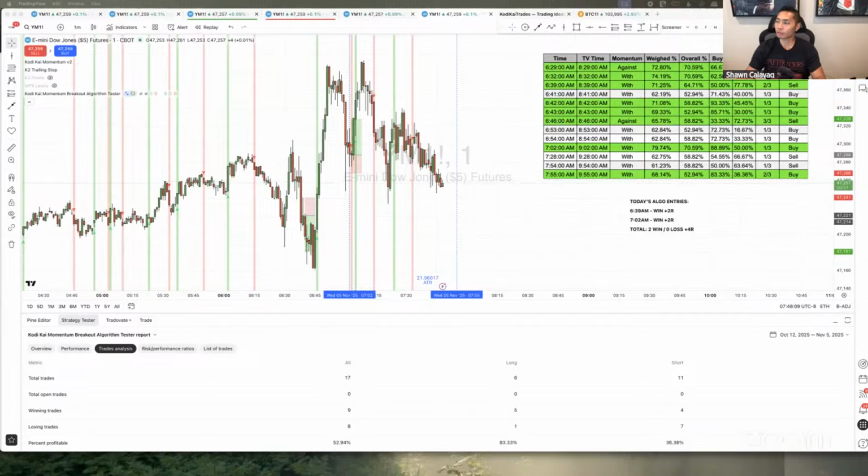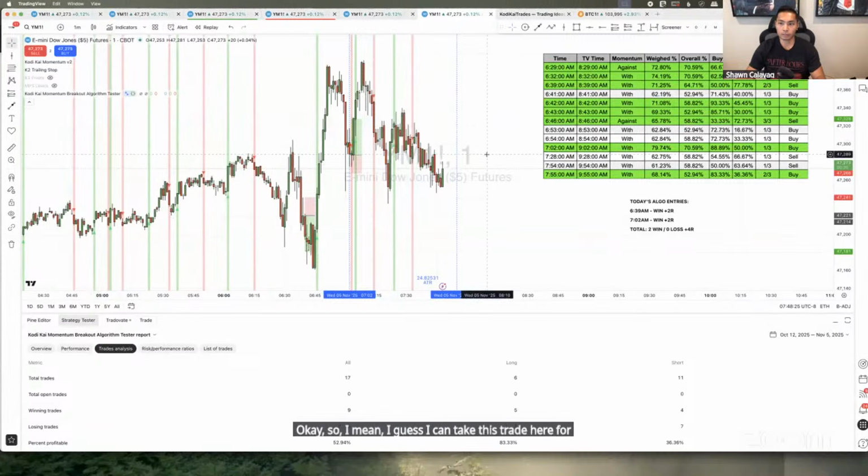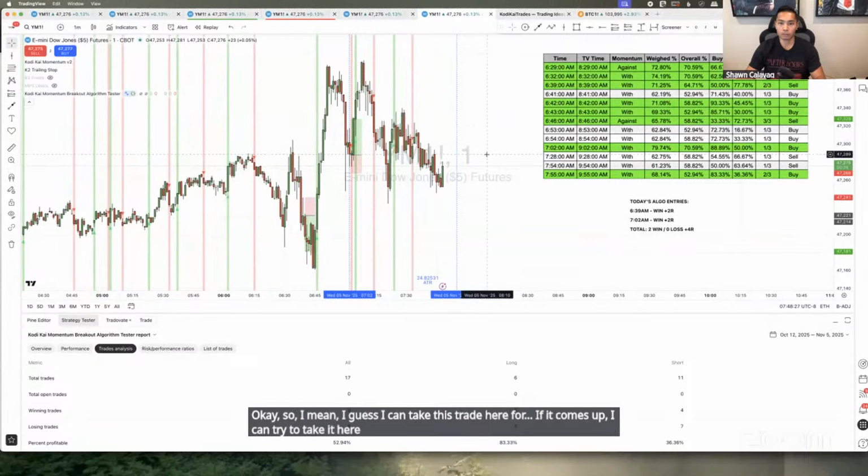All right, so I don't know what's going on with my Ninja. Okay, so I guess I can take this trade here if it comes up, I can try to take it for my Apex and Tradeify accounts, but my main accounts are obviously not connecting for some reason.